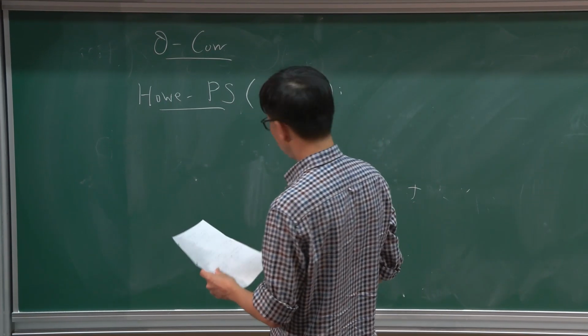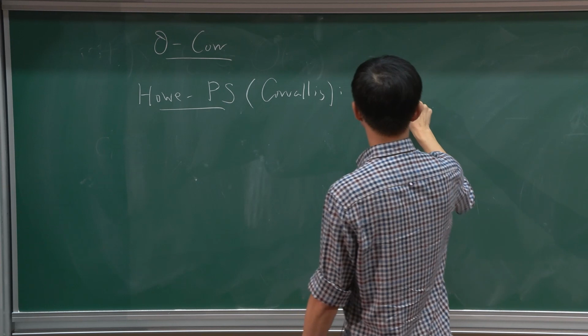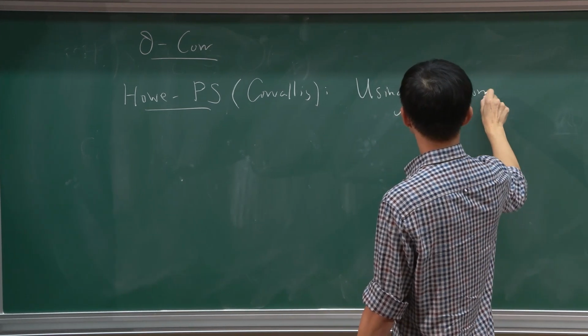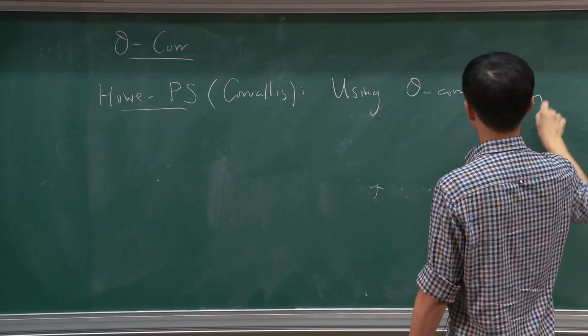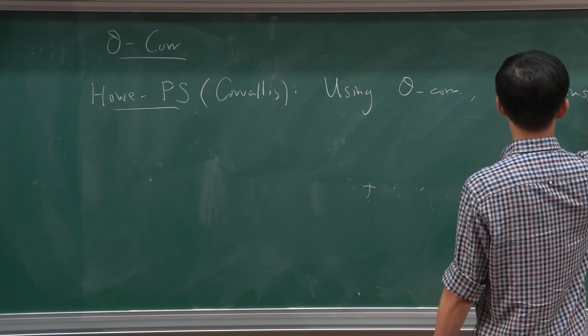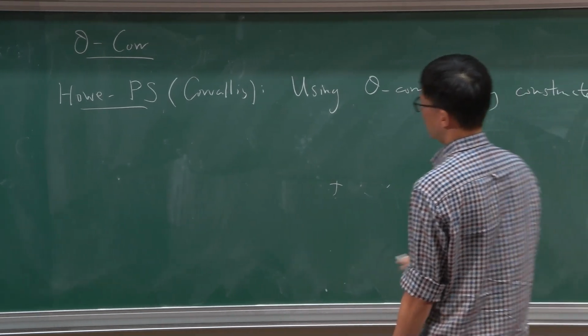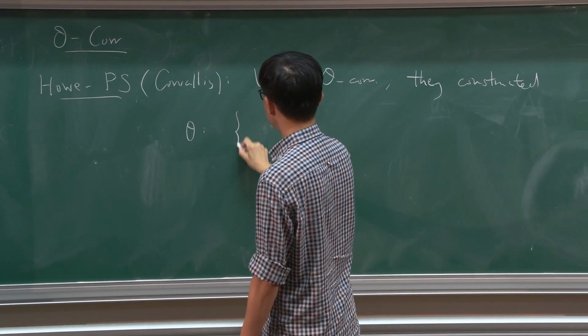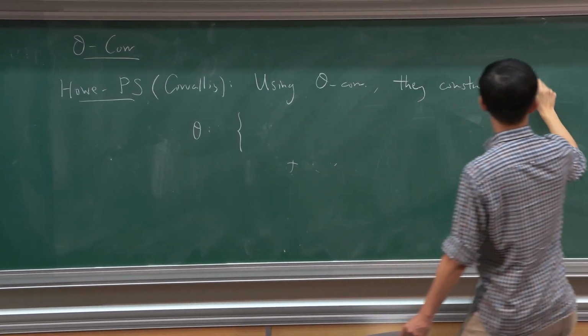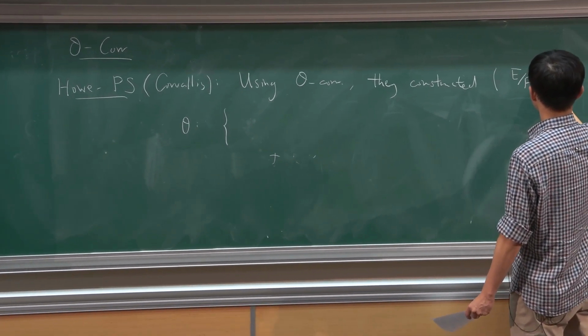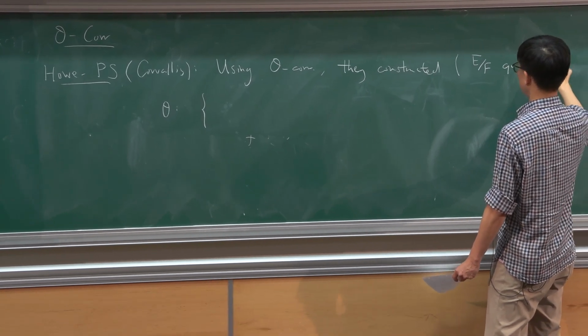Okay. So what did they do? By using Theta correspondence, they constructed a lifting, so a map. So let's fix E over F, a quadratic extension of number fields.